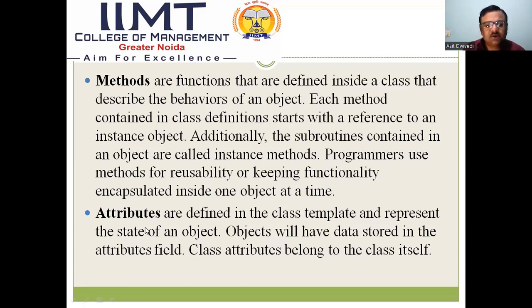Now next is attributes. Attributes are defined in the class template and represent the state of an object. Objects will have data stored in the attribute fields. Class attributes belong to the class itself.